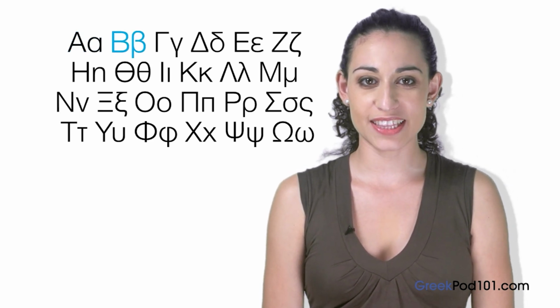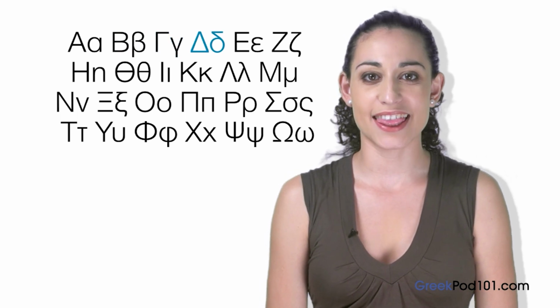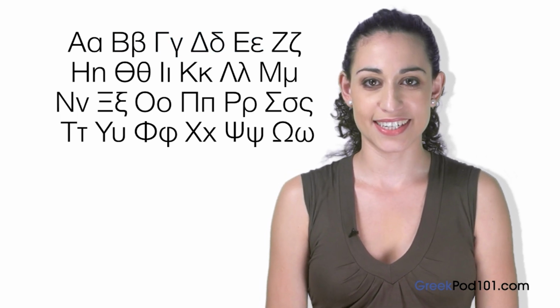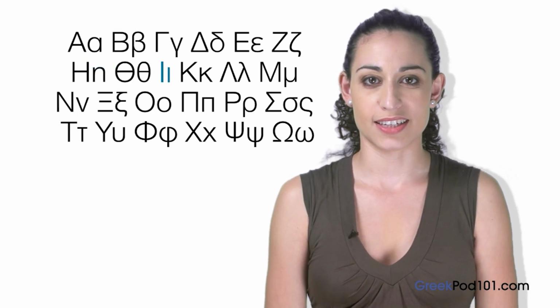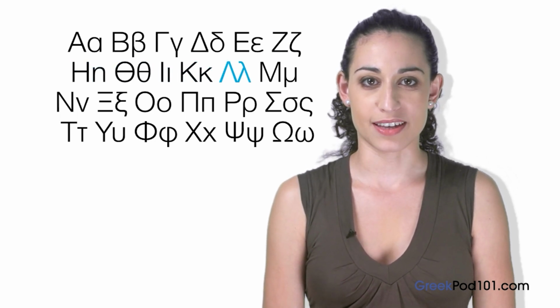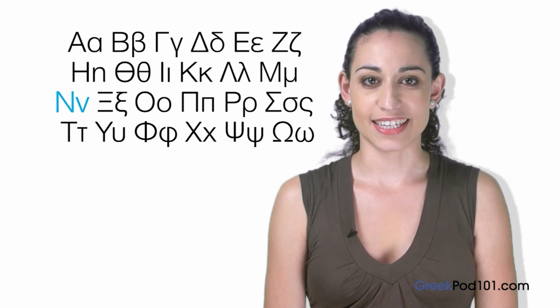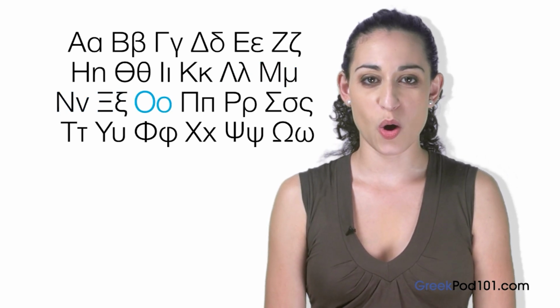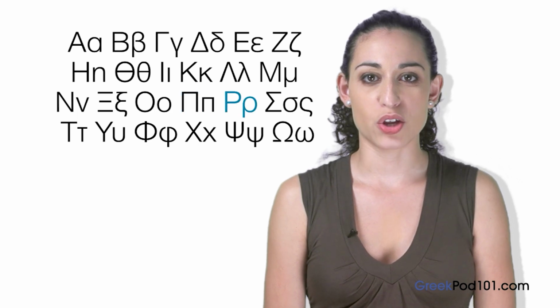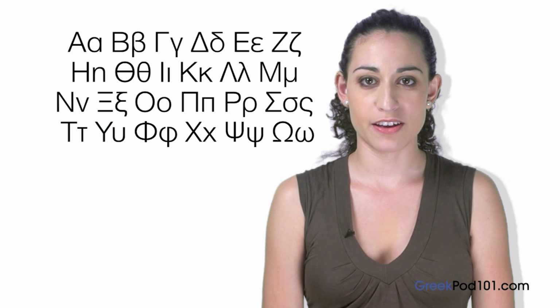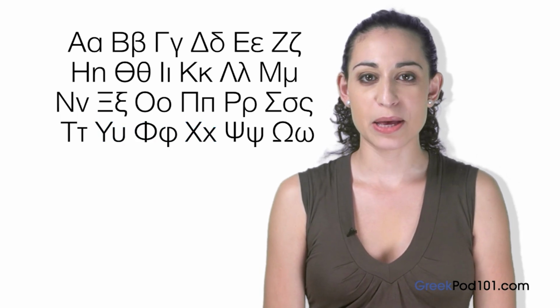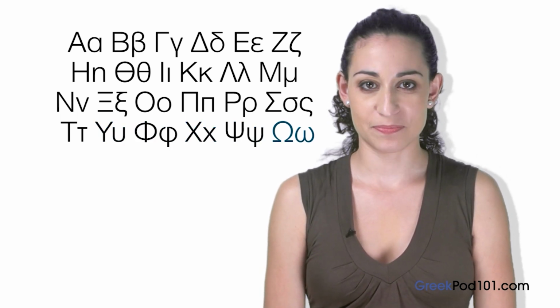Alpha, Vita, Gamma, Delta, Epsilon, Zeta, Eta, Theta, Iota, Kappa, lambda, Mi, Ni, Xi, omicron, Pi, Rho, Sigma, Taf, Ipsilon, Phi, Chi, Psi, and omega.